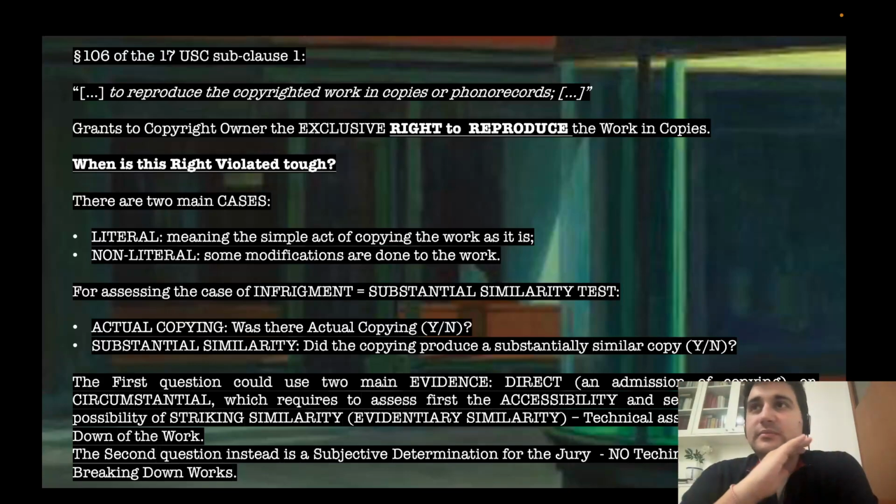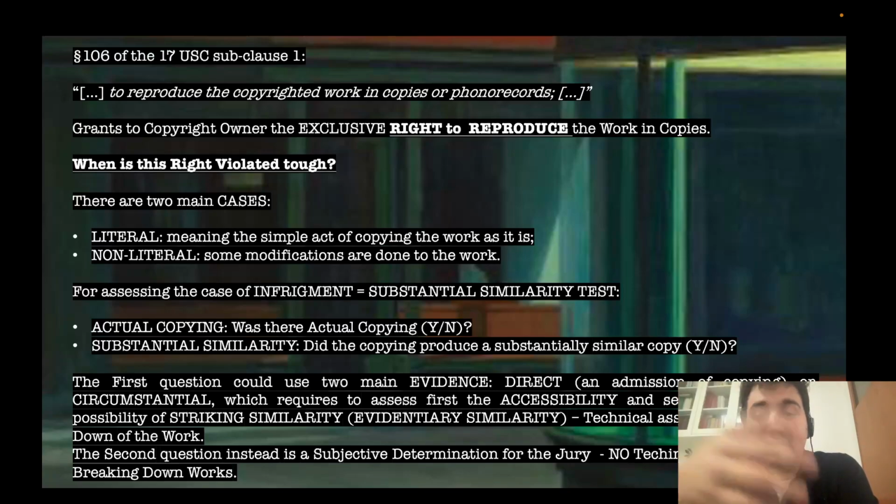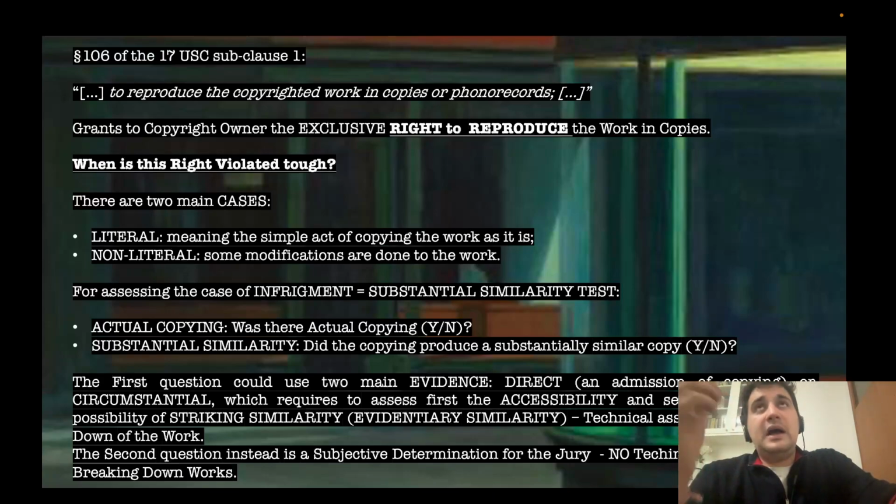Literal is straight copy, so it's the simple act of copying the work as it is, while non-literal means that some modification was done to the work, so it's not actual copying, it's modifying the work a little bit.